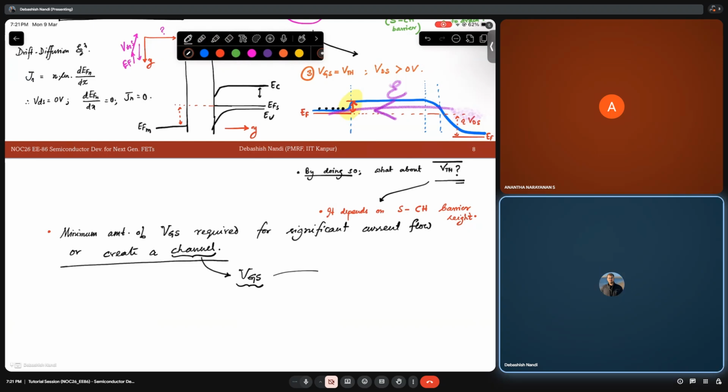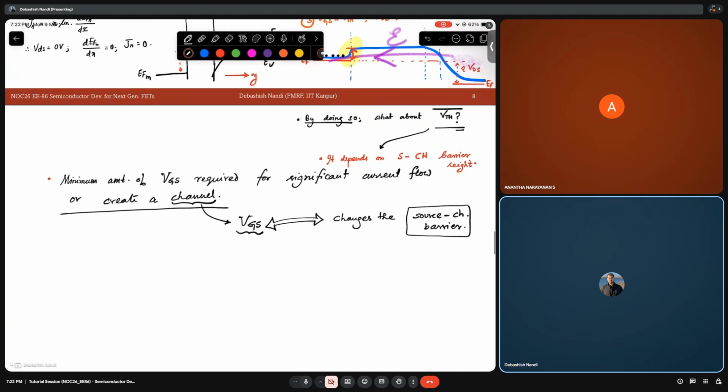And why VGS? Because this only changes the source channel barrier. So you see, it is like this, right? Unless, let's say, in some mechanism, I am reducing this barrier.